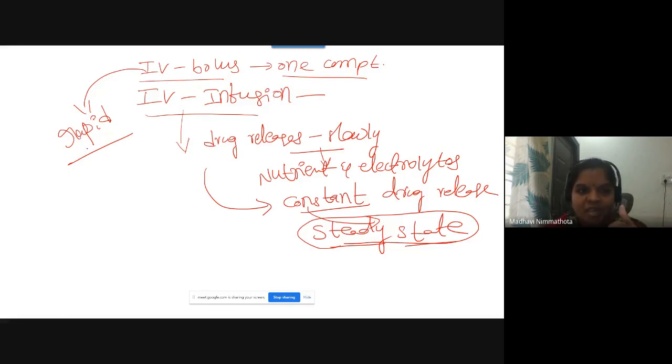So rapid distribution and rapid elimination of the drug are observed in IV bolus. In IV infusion, the drug release happens very slowly, and nutrients and electrolytes may be supplied to the body through infusion. We observe constant drug release, so a steady state infusion rate is achieved. If you remember these points, you will get it.